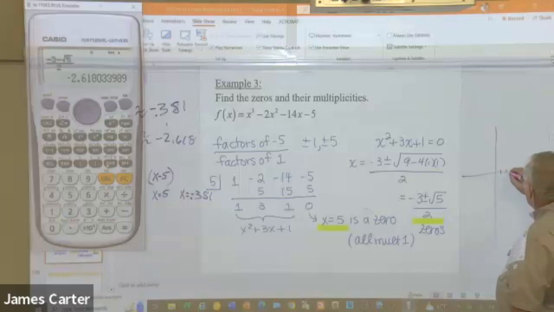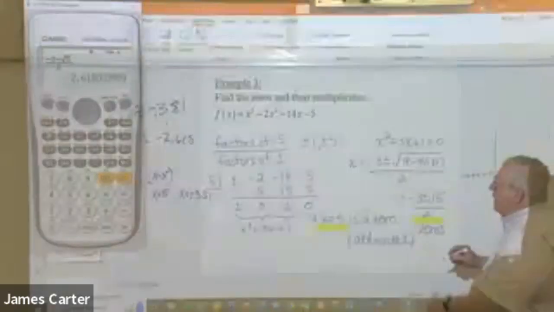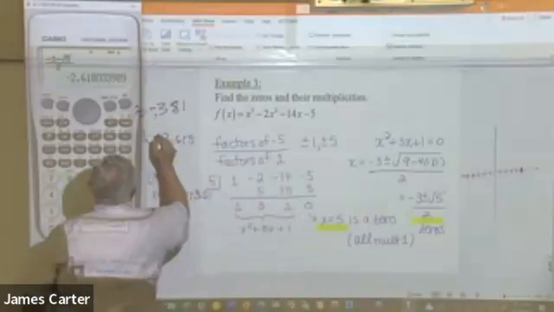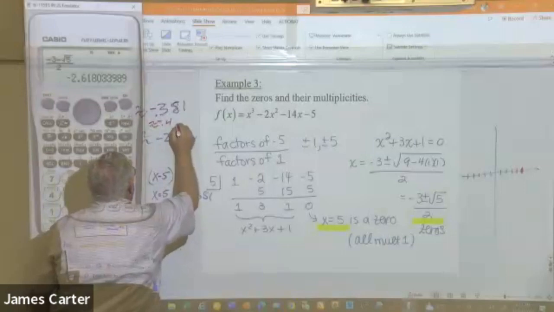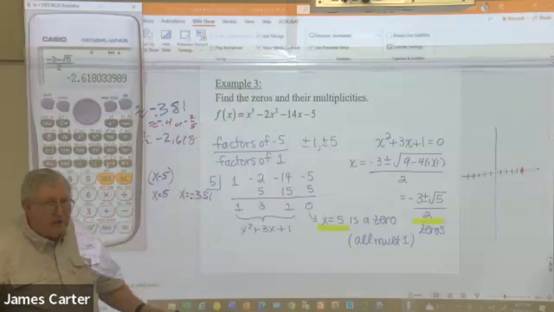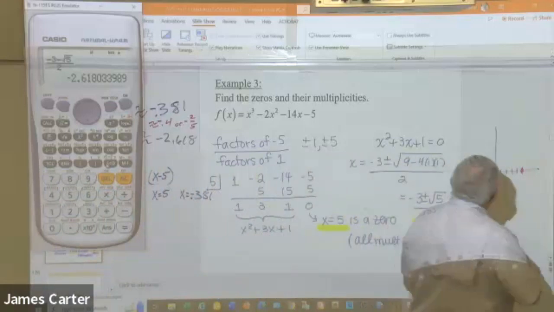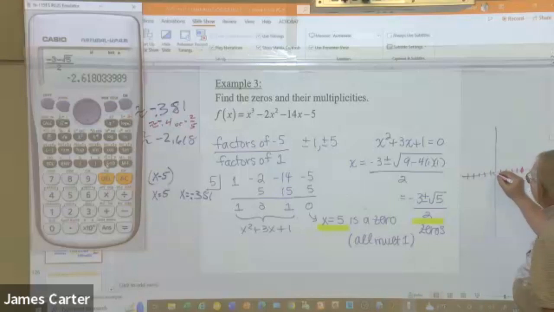Well, 1, 2, 3, 4, 5. 3.81 in reality is approximately negative 0.4 or negative 2/5. Approximately. Very rough rounding. So that means this one's going to be 2/5 of the way, or a little bit less than half.